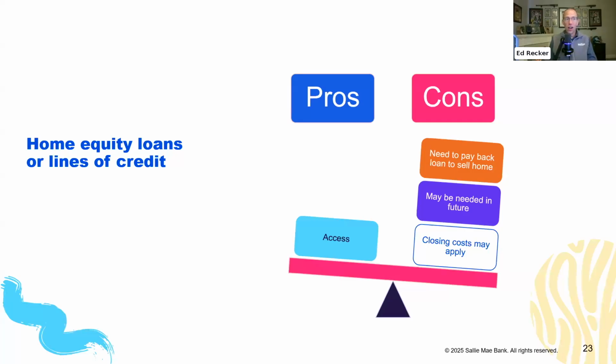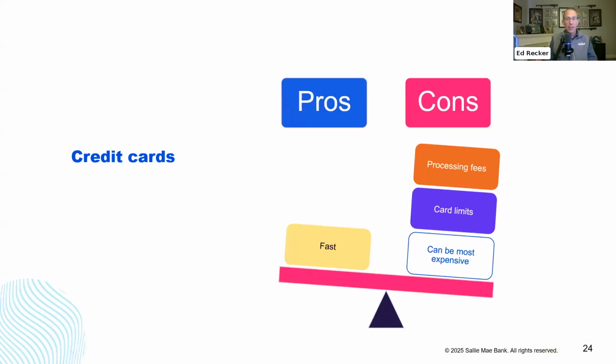Some of the cons are if for some reason you sell your house, that's money you borrowed against your house, so you'll have to pay it back. And you may actually need it in the future for something else. And again, if you don't have it set up already, closing costs may and likely will apply to this. The last one we're going to go over is credit cards.